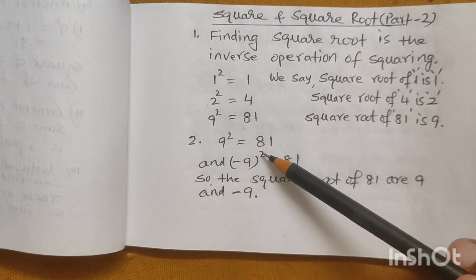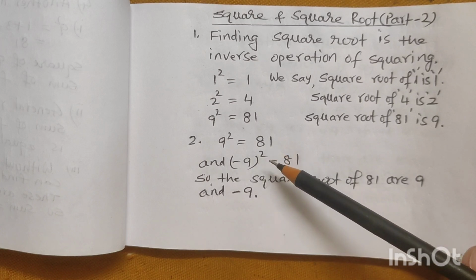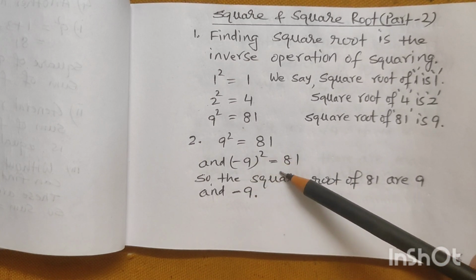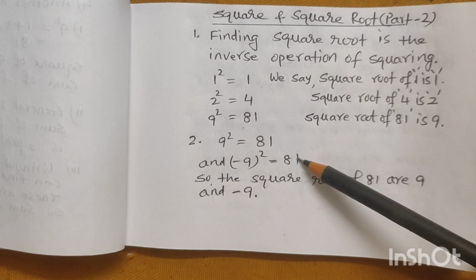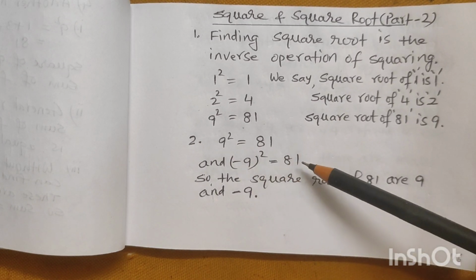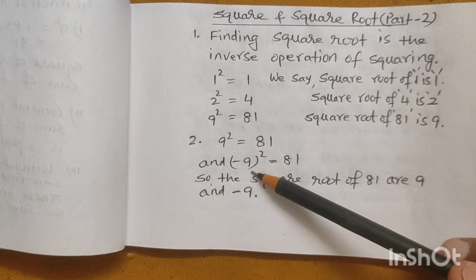Now 9 square is equal to 81, and we also know that minus 9 square is also 81. So this will mean that square root of 81 is 9 and the square root of 81 is minus 9 also.